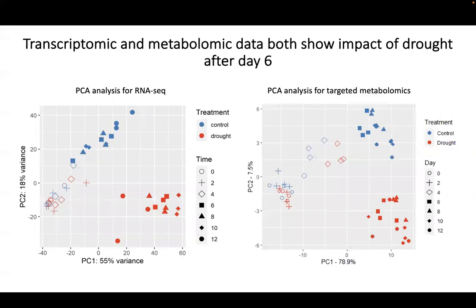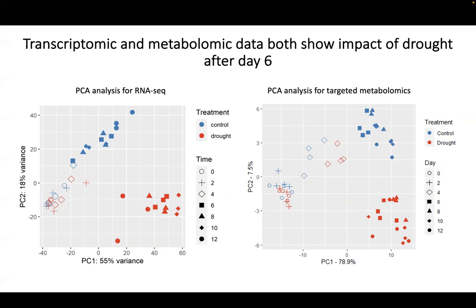And we collect the transcriptomic data and the metabolomic data. Here is the PCA analysis for the transcriptomic data, and it clearly shows that after day 6, they already show the separation between the well water group and the drought group.